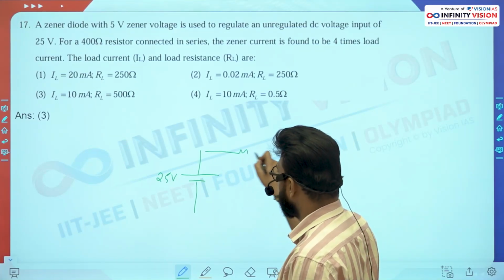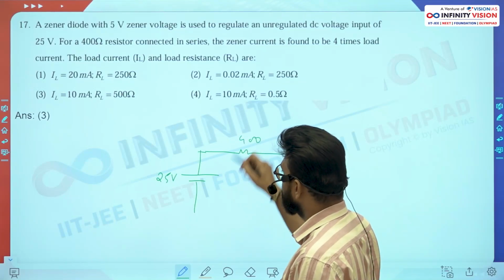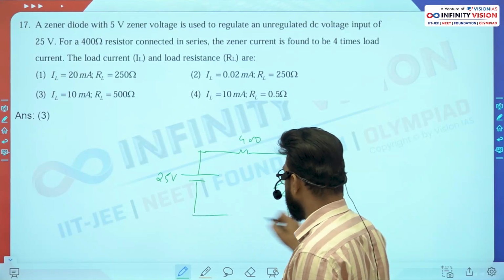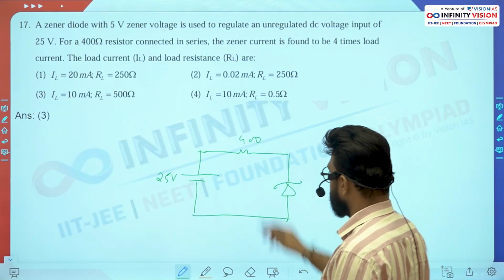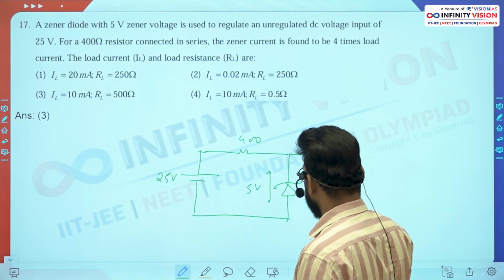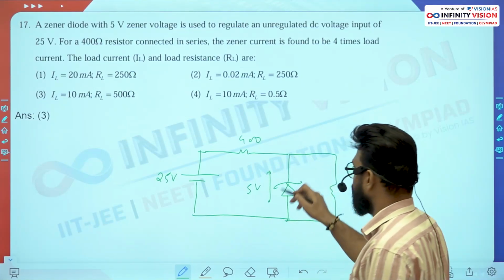So if you connect a 400 ohm resistor and a Zener diode, which always acts in the reverse biasing condition, it has a potential difference of 5 volt, and a load is connected across it.